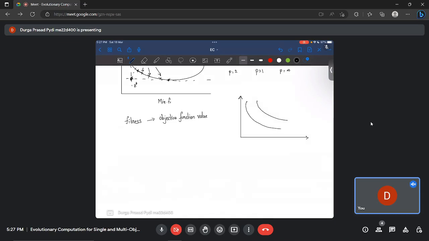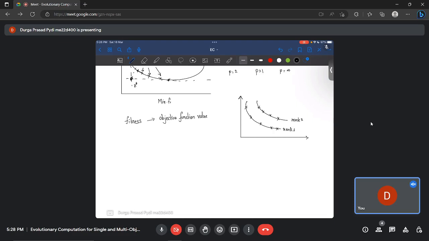We discussed the concept of rank: whatever solutions lie on this particular line are all non-dominated, and these are all of rank 1. When you take the second set of solutions, they are of rank 2. So any solution on the curve of rank 2 is essentially dominated by the solutions on rank 1.